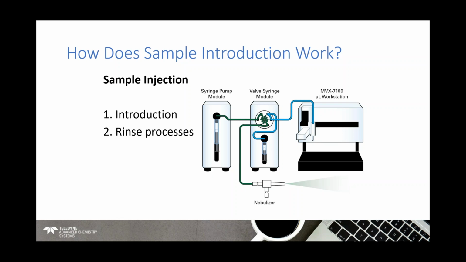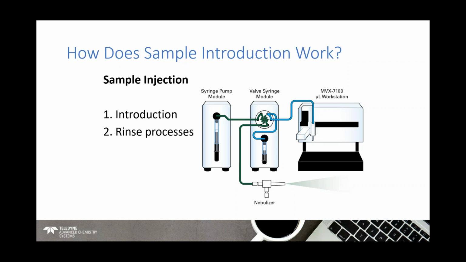Whilst all that's happening, we go back to the short syringe on the valve syringe module. That will backflush through the line in the 6-port valve, back through the sample probe into the rinse station. So we're washing out the line where we originally took up the sample. We can configure that backflush to make sure we go back to baseline for the next sample.